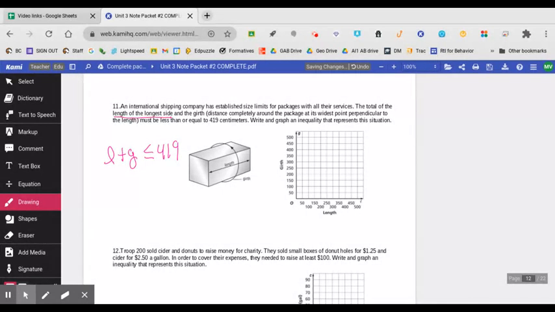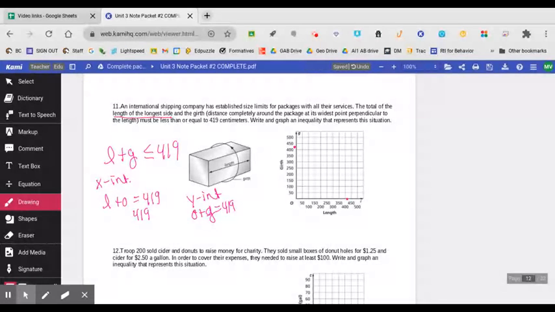So I'm going to graph this using my intercepts. My x-intercept is when g equals 0, so it's length plus 0 equals 419. So that gives me an intercept of 419. And then my y-intercept is going to be the same thing: 0 plus g equals 419. So I'm going to graph 419 and 419 as best I can.